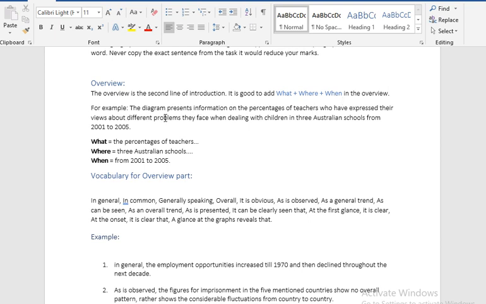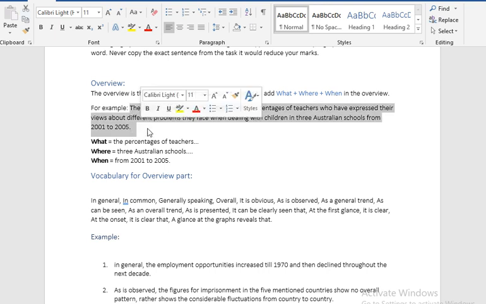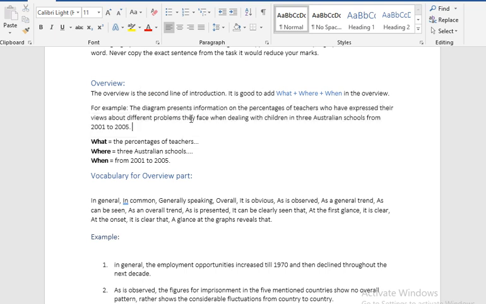For example, the diagram presents information on the percentage of teachers who have expressed their views about different problems they face when dealing with children in 3 Australian schools from 2001 to 2005. So this is the first paragraph the checker will expect from you. This is a very good introduction paragraph.